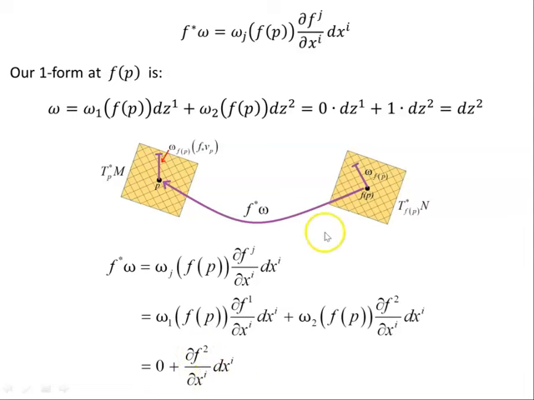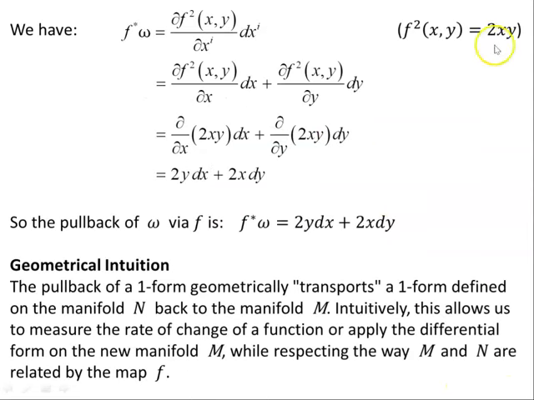And remember, f2 was 2xy. So in this particular case, our pullback f star omega will be partial f2 of xy, partial xi, dxi, and then we're going to expand that out for the xi, 1 and 2, because we're in 2 dimensions.